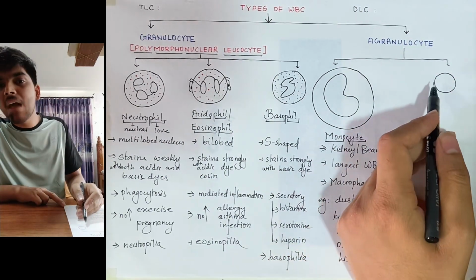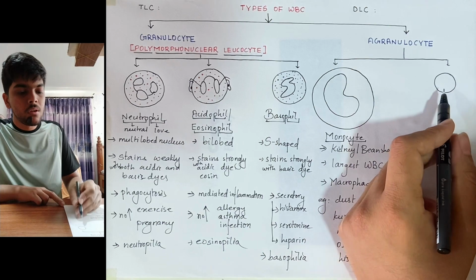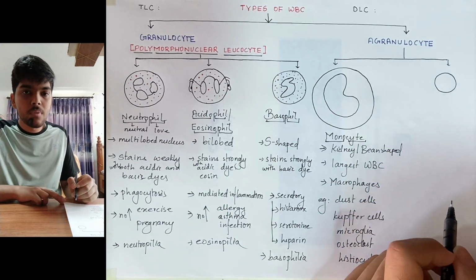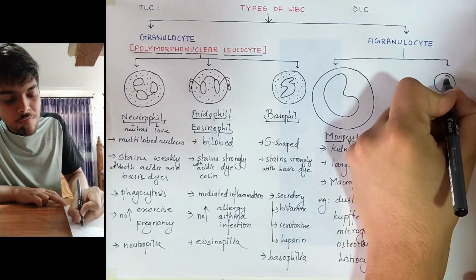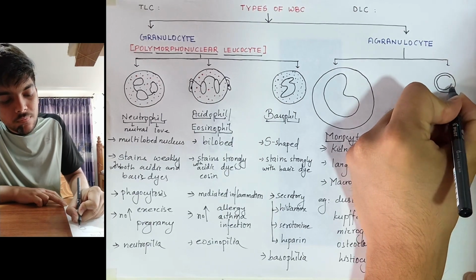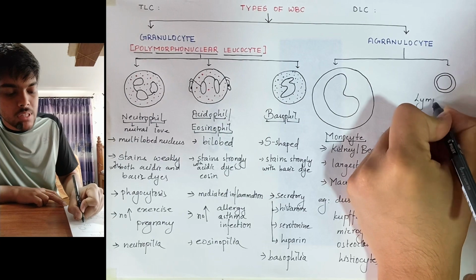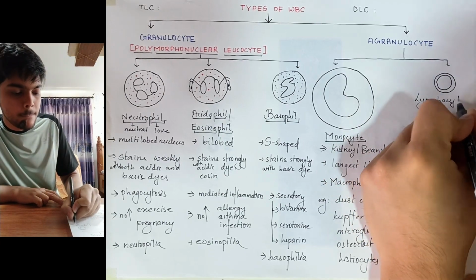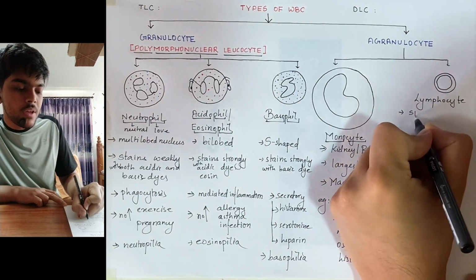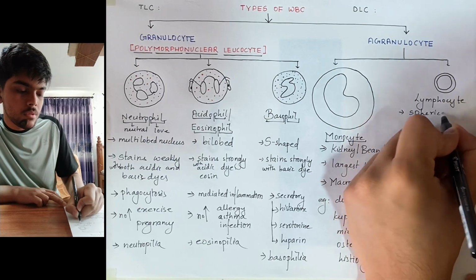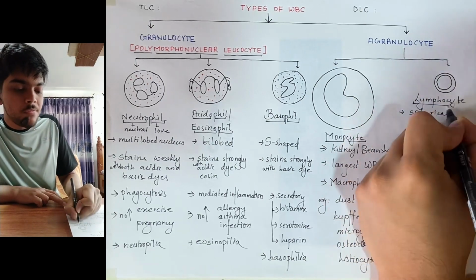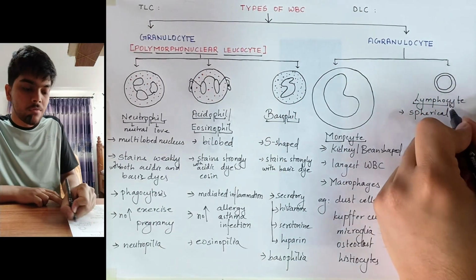Then there's your second type of agranulocyte, which when observed under a microscope has a spherical nucleus. And the name of this agranulocyte is lymphocyte. So the nucleus is spherical. Break the word. Lympho refers to lymph and cyte refers to cells.